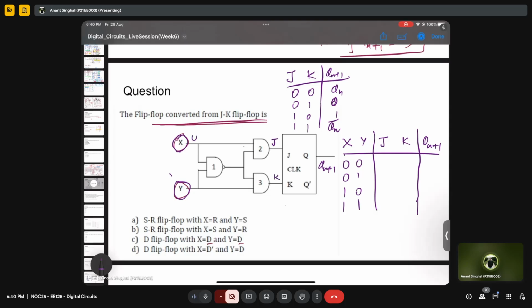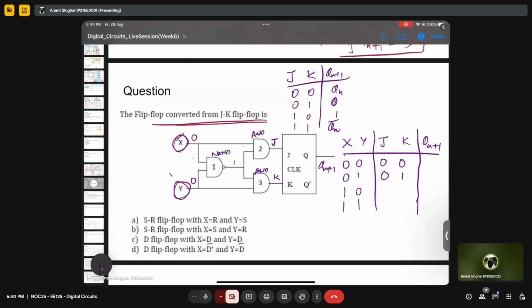If I take 0, 0 as an input, which is the first case, what will be J and K? Anyone? This is basically an AND gate. 0 0. Yes. When X and Y are 0, 1, J will be 0 because it is an AND gate, and 0 and 1 will give me a 1 here, if I'm not wrong.